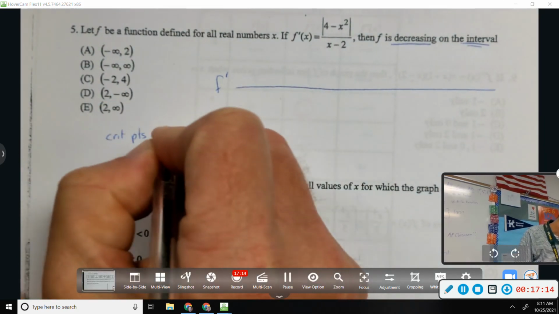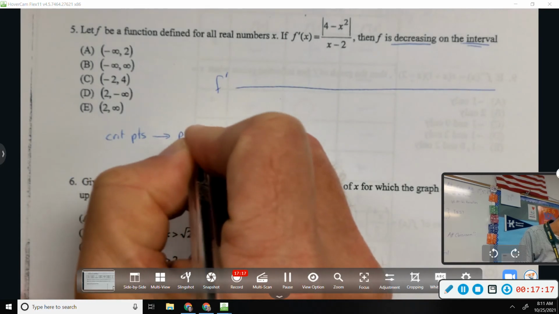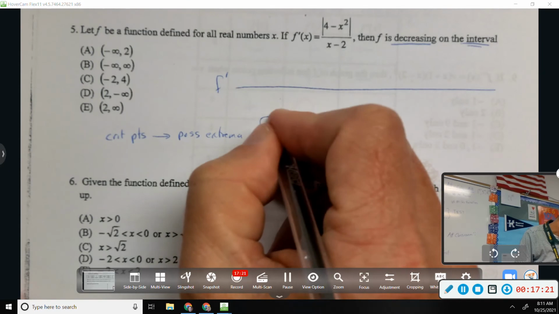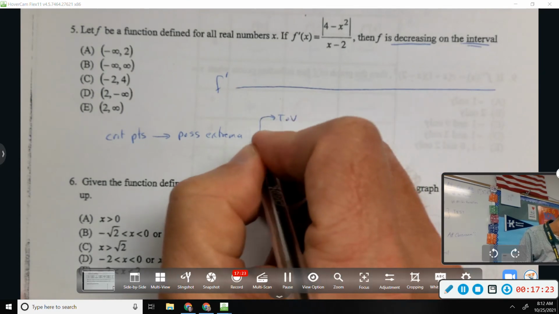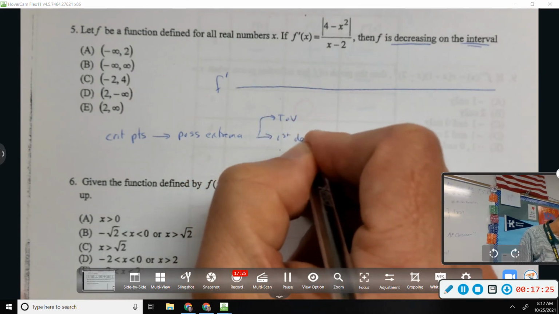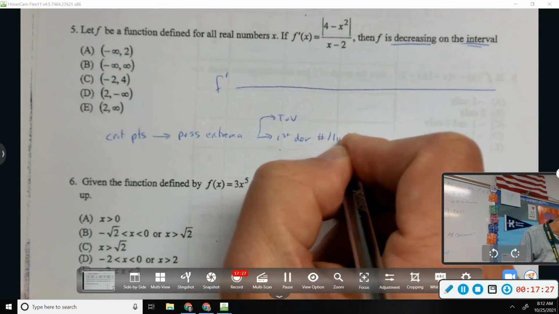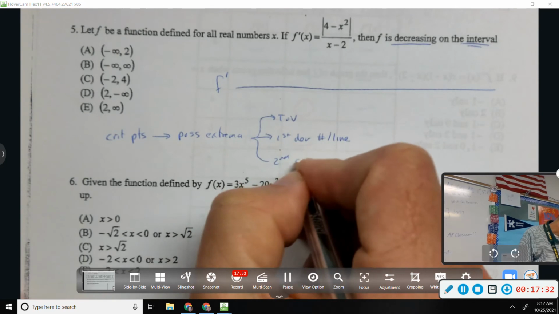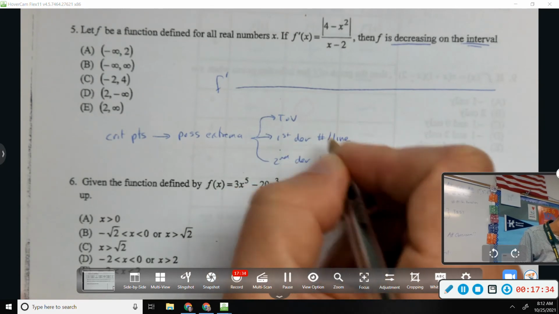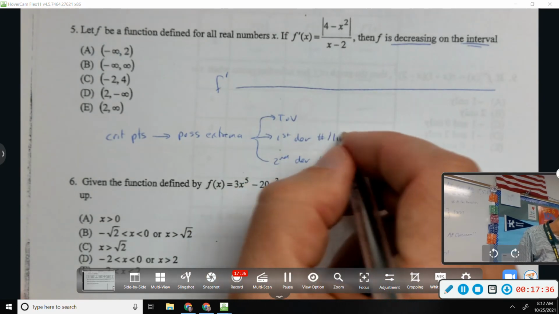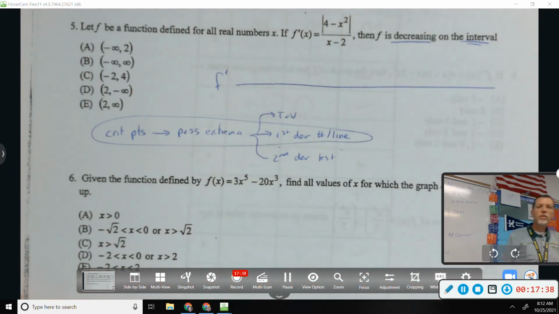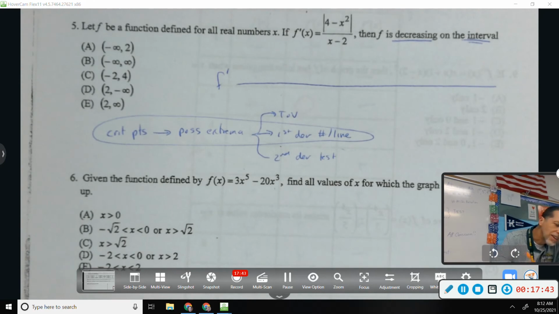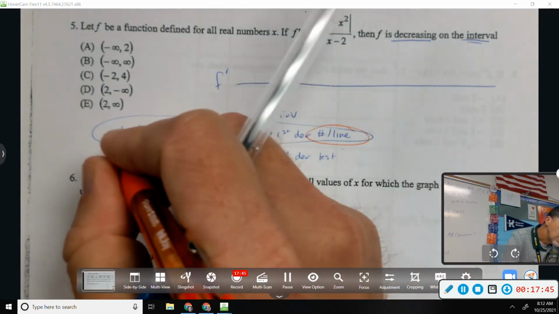Critical points lead to possible extrema, and then you can go table of values. You can go first derivative test. That's the number line. That's the path we're on. Or you can do second derivative test. But for us, this problem is first derivative test.